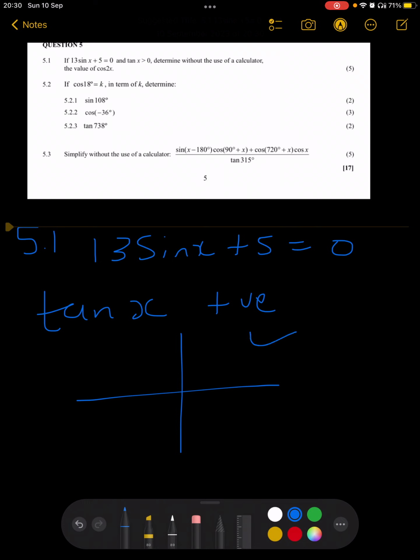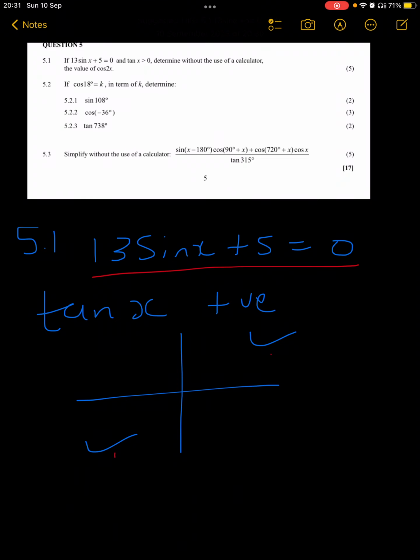Tan of x is positive here and here, and that means whatever we get from this must suit either the first quadrant or the third quadrant. Okay, so let's work out what we can get from 13 sine x plus 5 equals 0.